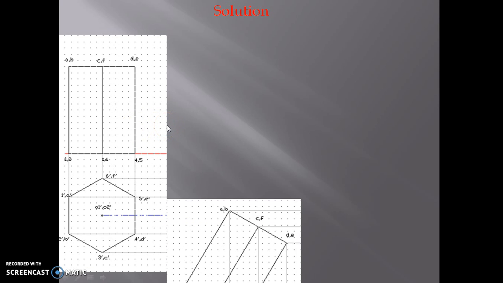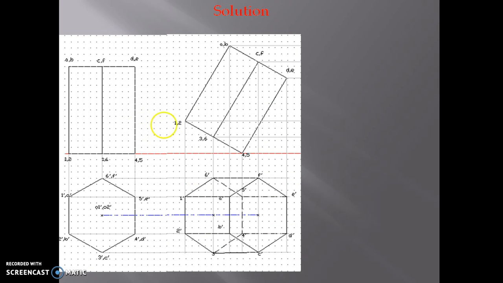Now in the second stage, rotate this first front view and redraw it in the second stage. While rotating the first front view in the second stage, take care of the condition of the base, the angle of the base with the HP. Rotate this in such a way that it will rest on one of its base edges.